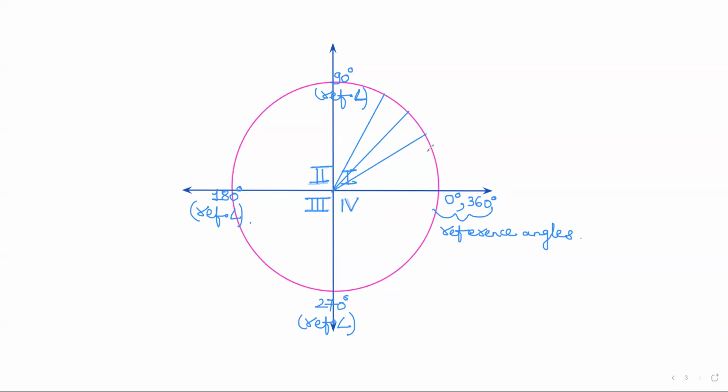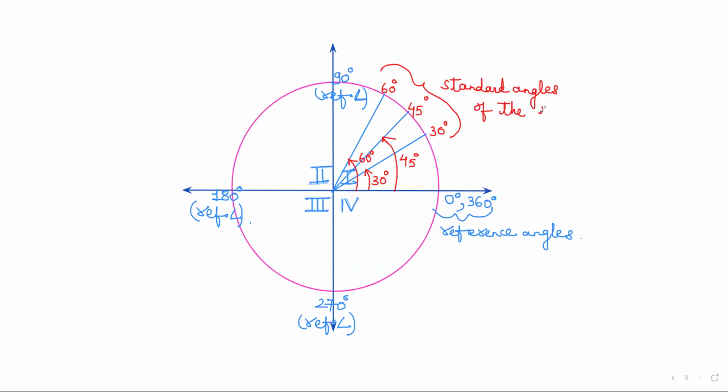These angles are 30 degrees, 45 degrees, and the last one is 60 degrees. This is 30, 45, and 60 degrees. These three taken together are the standard angles of the first quadrant.